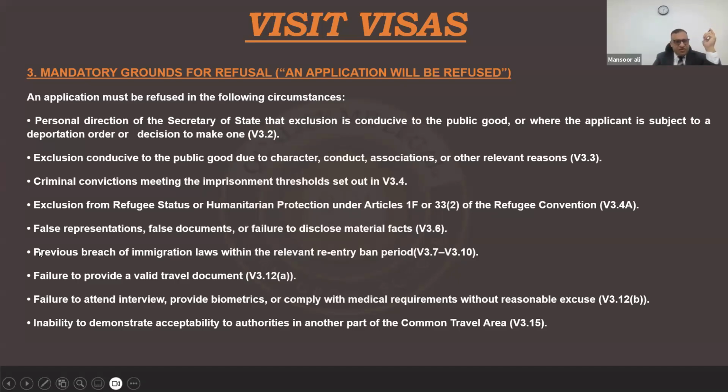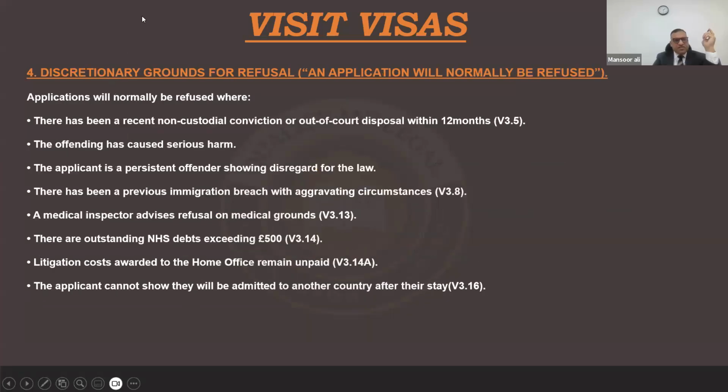Now let's move forward to discretionary grounds of refusal. As the name suggests, in discretionary grounds of refusal, if you have explained to the Home Office, under the domain of discretionary grounds, why this breach had occurred, then there is a high chance that, if you have satisfied the Home Office, they're going to allow your application.